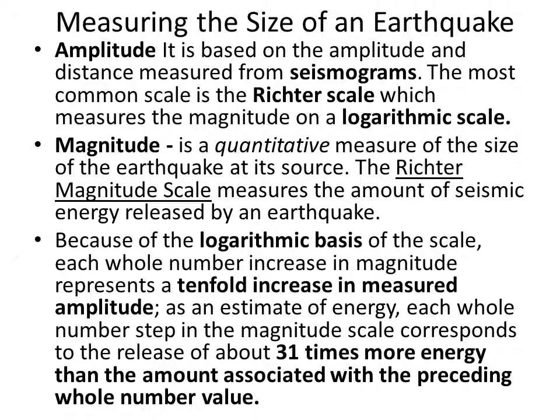So, for example, magnitude 5 and then magnitude 6. Magnitude 6 has 10 times the amplitude of magnitude 5, but magnitude 6 releases 31 times more energy than magnitude 5.